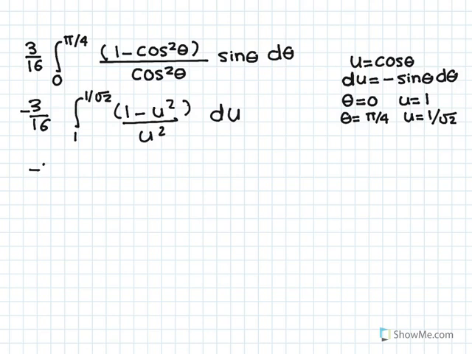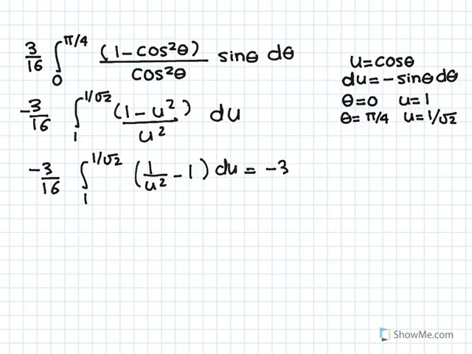So we have minus 3 over 16 integral from 1 to 1 over root 2. Let's split up the fractions. So we have 1 over U squared minus U squared over U squared, that's 1, du. That's equal to minus 3 over 16 integral from 1 to 1 over root 2 of 1 over U squared, let's rewrite it as U to the minus 2 so we can reverse the power rule, minus 1 du.